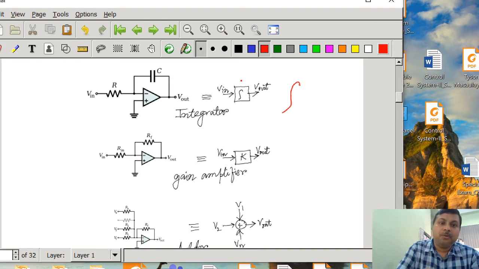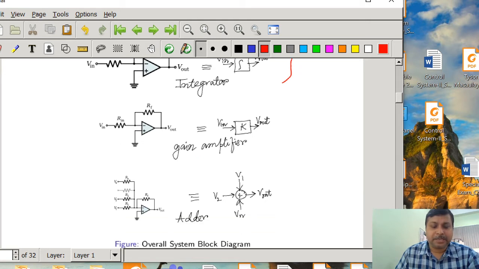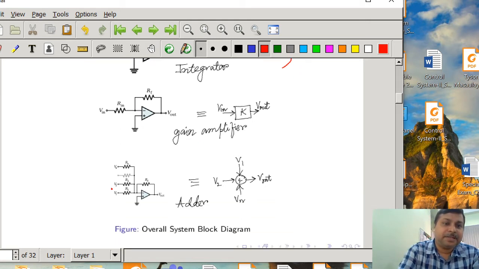Now we will use another component called the gain amplifier. This is an amplifier using an operational amplifier. If you give a V in, we will get an output which is K times V in, where K is the amplifier gain. And another component we are going to use is called the adder. We have several voltage signals V1, V2, up to Vn.